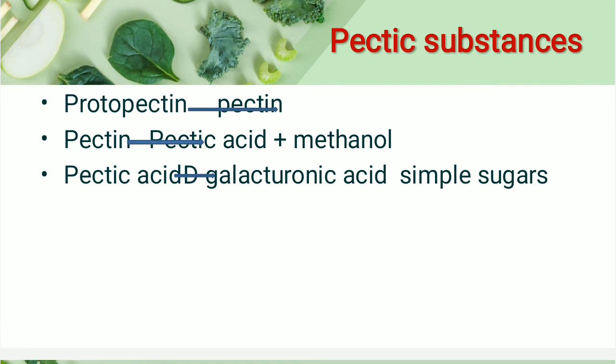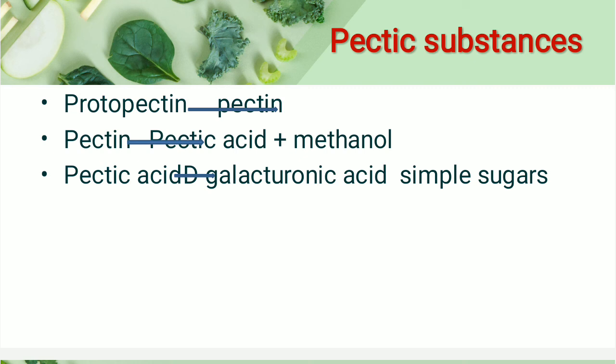These are the enzymes I am talking about: pectin esterases and polygalacturonases. They destroy the linkage between the galacturonic acid units of pectin or pectic acid. This yields smaller chains and ultimately free D-galacturonic acid, which may be degraded to simple sugars.